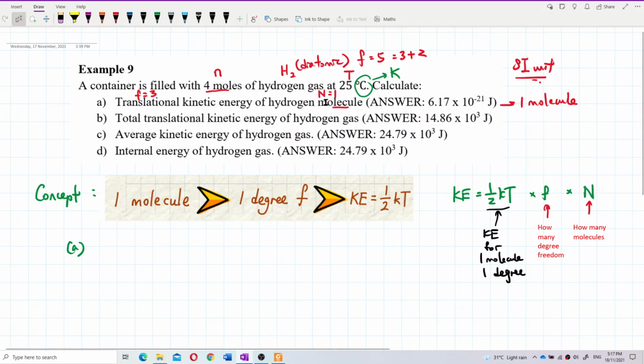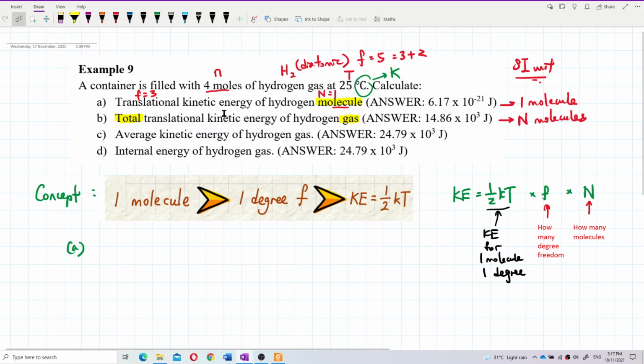Question A is only 1 molecule, but the second one asks about total, and for hydrogen gas, which means many molecules. Question B is for n molecules. Okay, never mind. Let's do question A first.